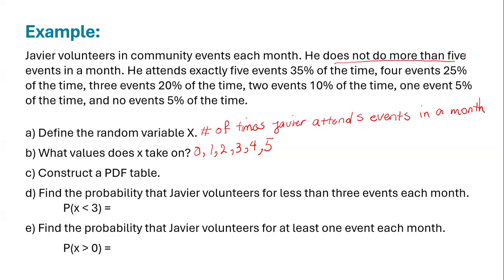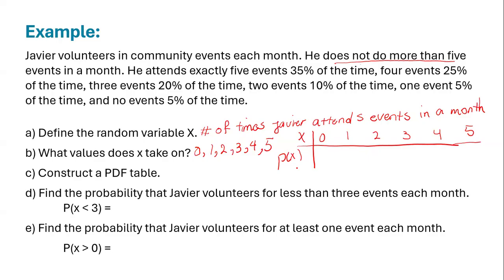Now it's asking you to construct a PDF table. To construct a table, you need a table with x and P of x. X values, the random variables, are 0, 1, 2, 3, 4, and 5.